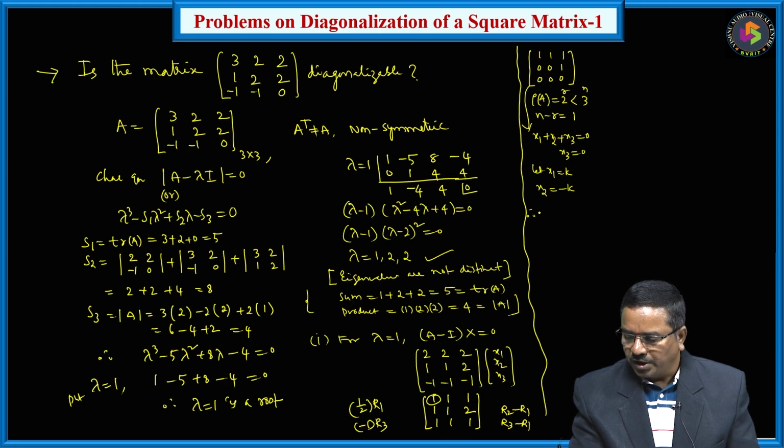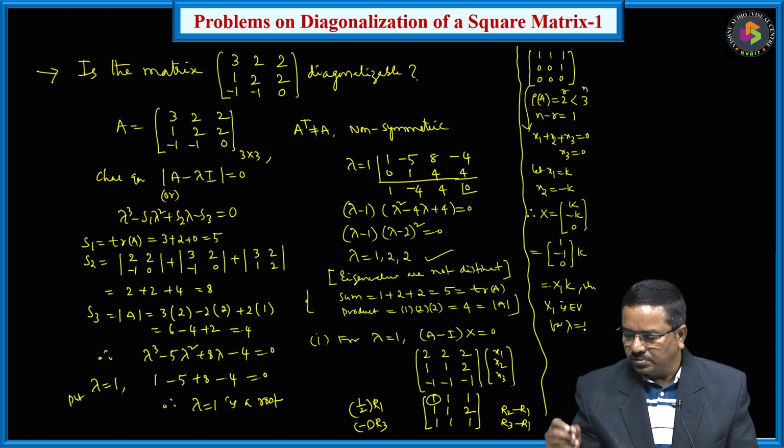Therefore, x is equal to k, minus k, 0, means k times (1, minus 1, 0), that is equal to k x1, where x1 is the eigenvector for lambda is equal to 1.